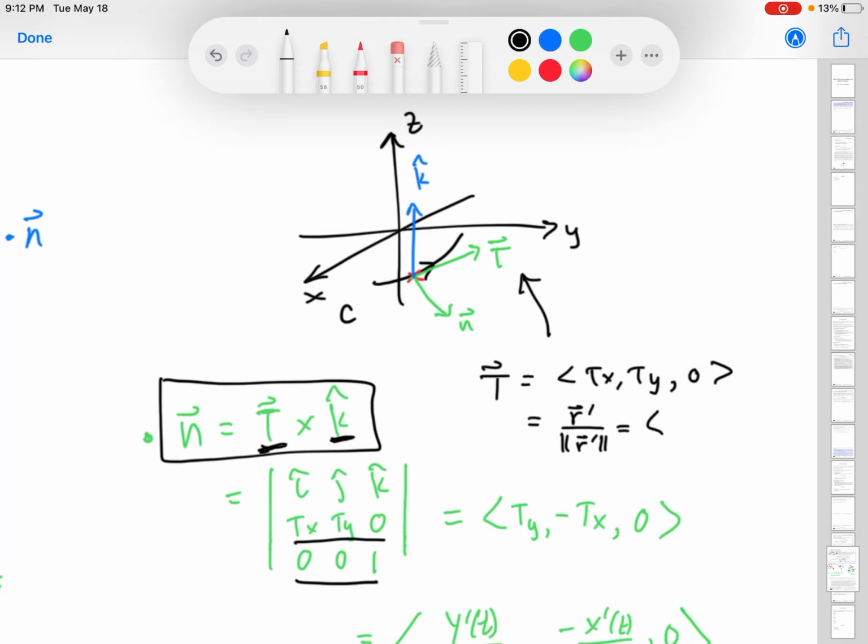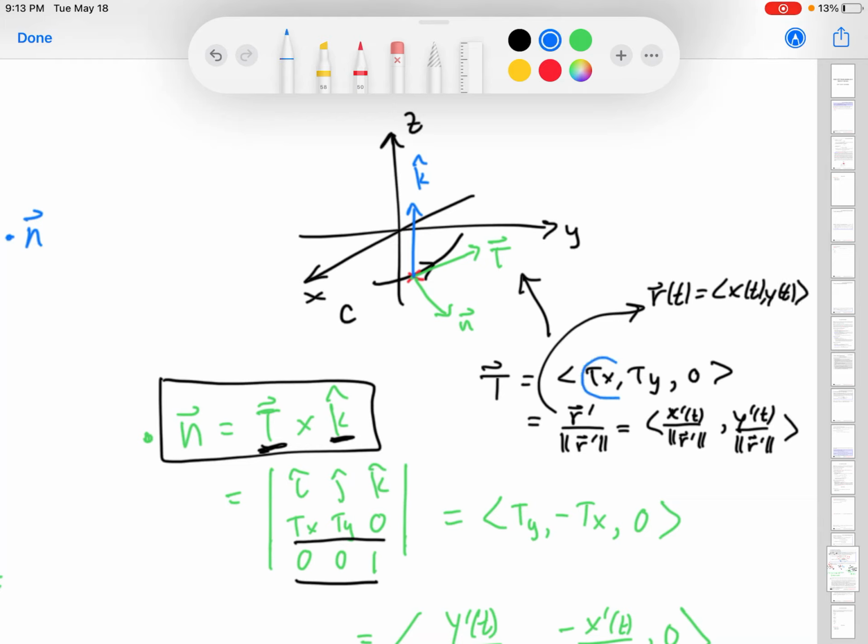So its components are x prime of t divided by the norm, and y prime of t divided by the norm, where x and y are the components of the parameterization of r. So tx is x prime over the norm, and ty is y prime over the norm.